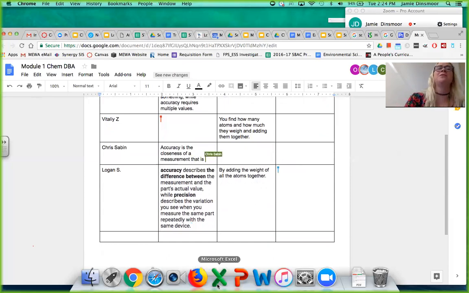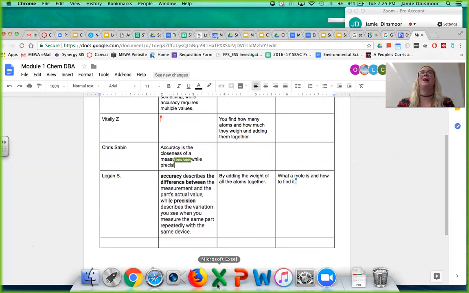Yeah, so sometimes you see this described as like throwing darts, where precision would be, are you throwing the dart to the same place each time? Maybe you're completely off from the bullseye, but you are constantly getting it in the same spot. That would mean you're very precise. Accuracy would be, how close are you getting to the bullseye?